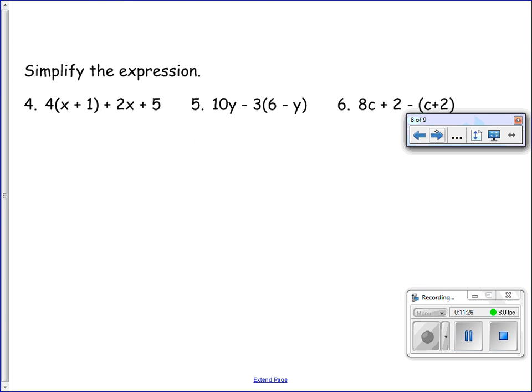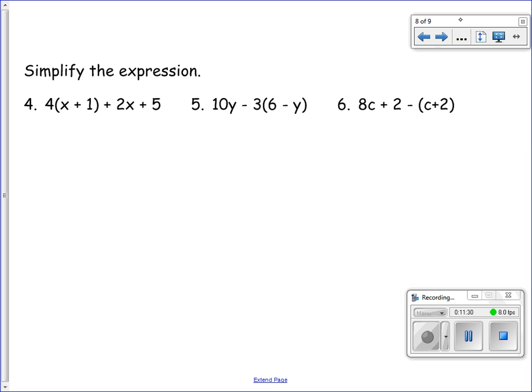Now we're going to do 3 examples of simplifying. Again, we're just simplifying these expressions. So we're going to use the distributive property in number 4. 4 is going to be distributed to everything inside the parentheses.